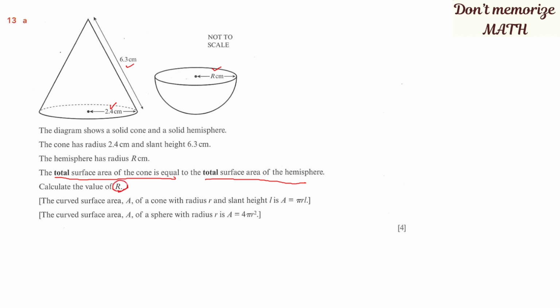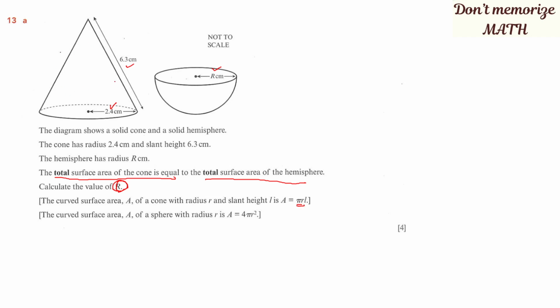To find R, they have given some hint. So, how to find the total surface area of the cone? They are asking for surface area, not volume. So for surface area, we have the equation pi rl plus pi r square. The curved surface area is pi rl, that means this outside curved portion.